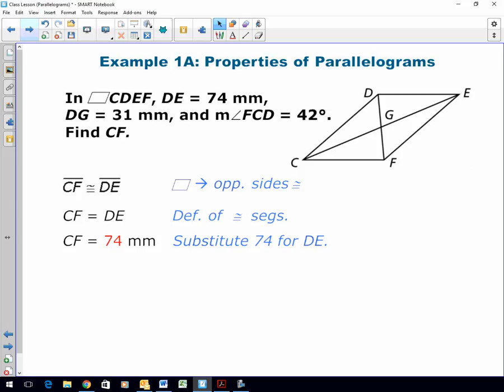All right, here we go. We got to move on. In parallelogram CDEF, DE is 74. Find CF. What is CF?